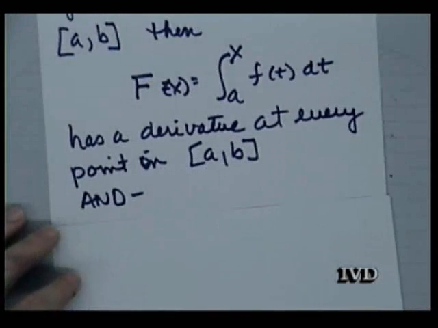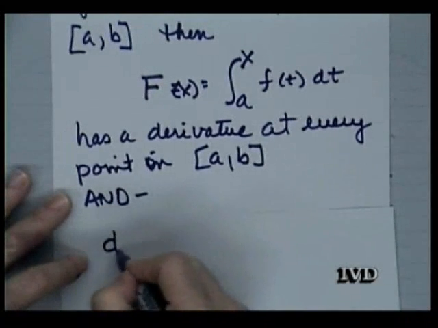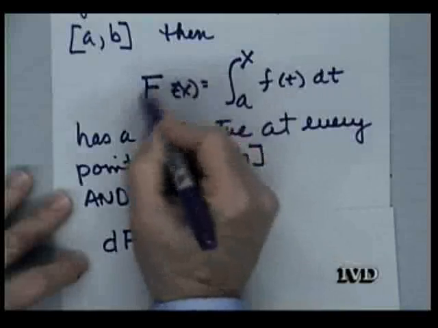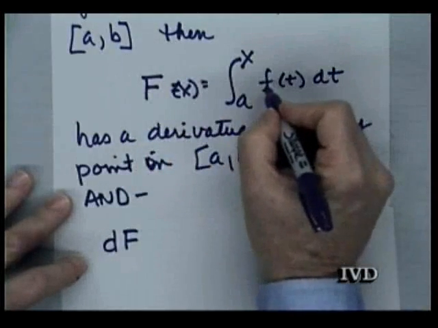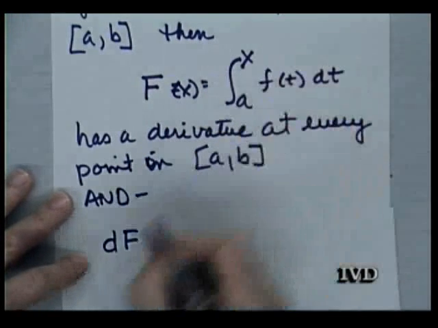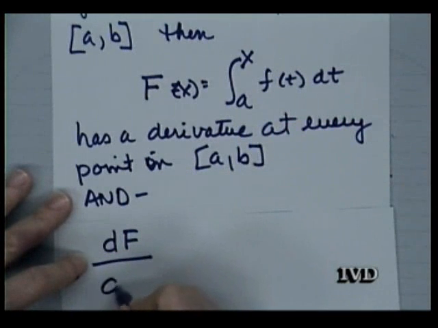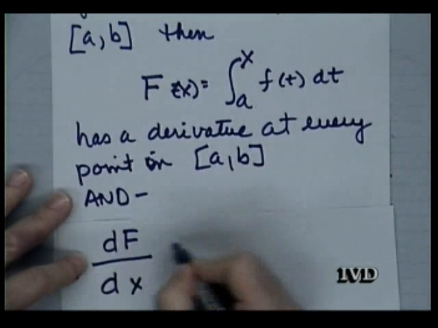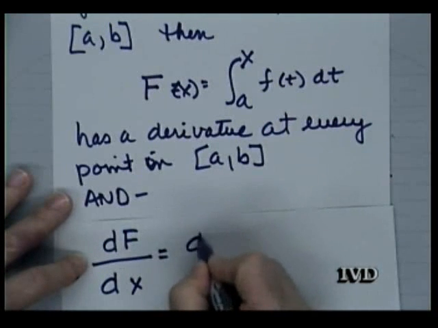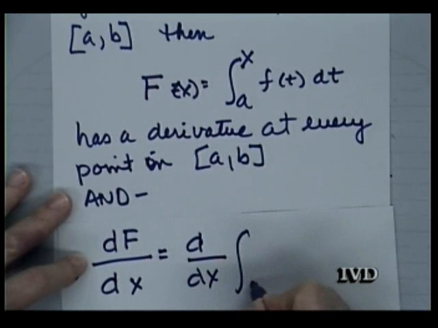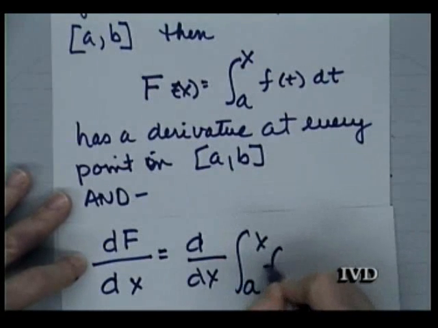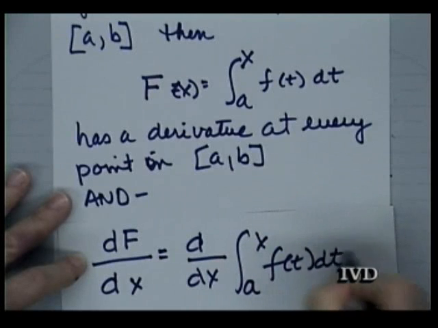And the derivative of the big F function, remember, we defined the big F as the integral of little f. Now I'm taking the derivative of big F with respect to x, which is equal to the derivative with respect to x of the integral from a to x of f of t dt. And that's equal to f of x.